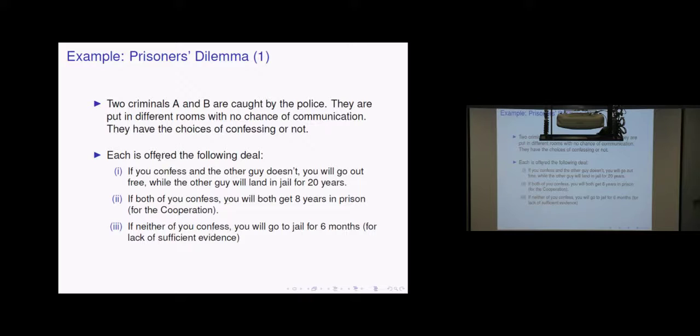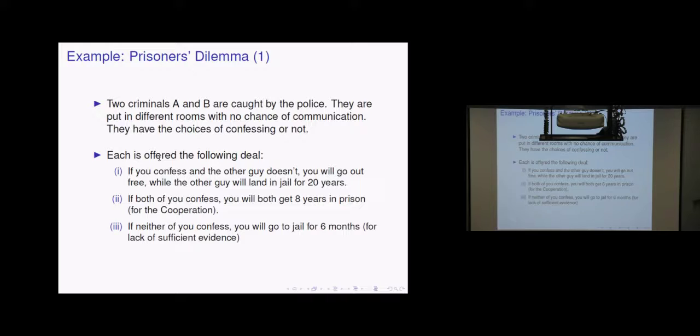Suppose you confess and the other guy doesn't confess, and then you go out for free. Then the other guy will go to jail for a very long time, like 20 years. So if you are good, the other one is bad, and you go out and the other guy gets 20 years.